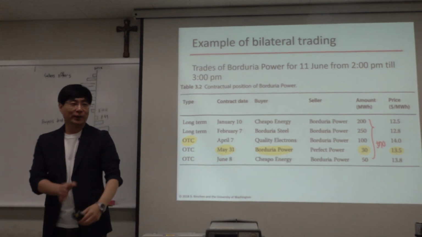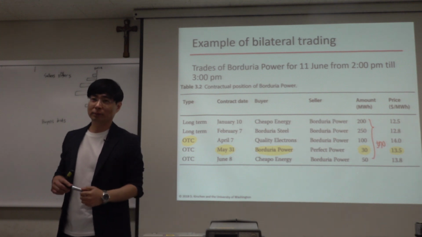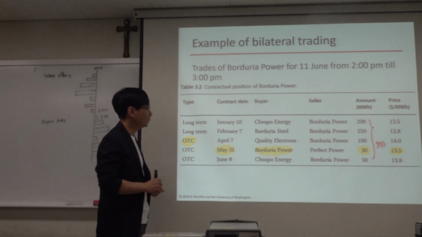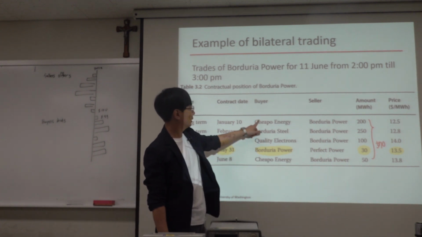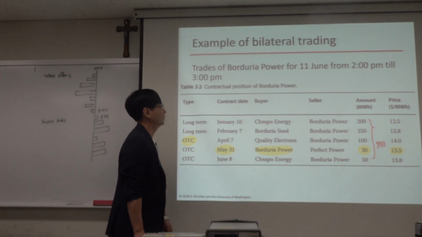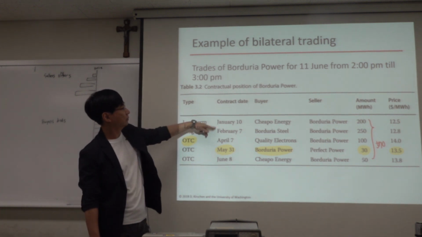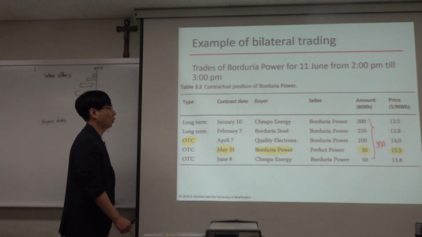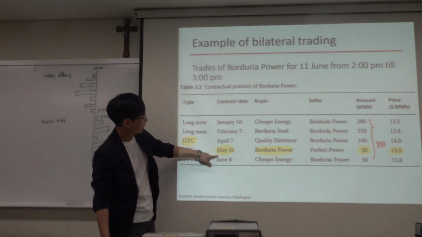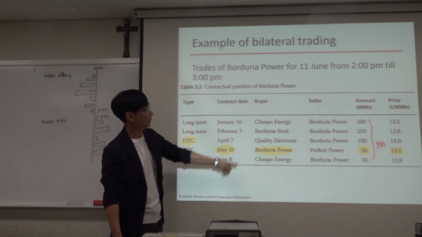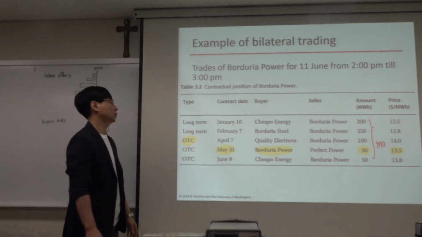You see, a steel company like POSCO needs to consume a lot of energy. Ch3 Energy. I like this kind of naming, kind of cute. Anyway, this long-term contract was made 5 or 4 months in advance. Then, as time goes on, April, May, and June, this delivery date is fast approaching.